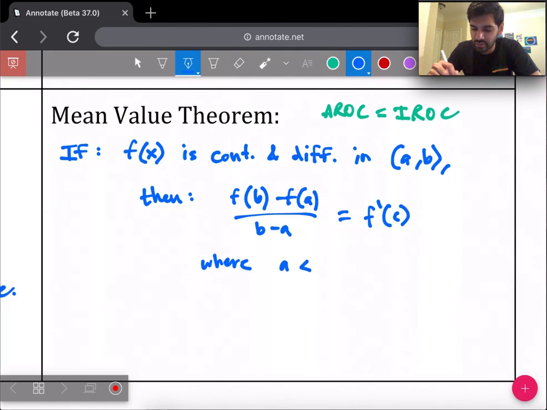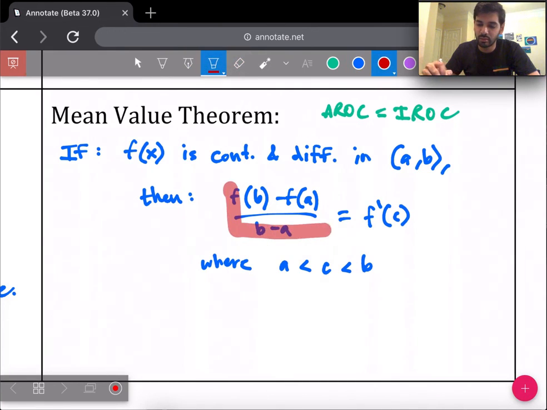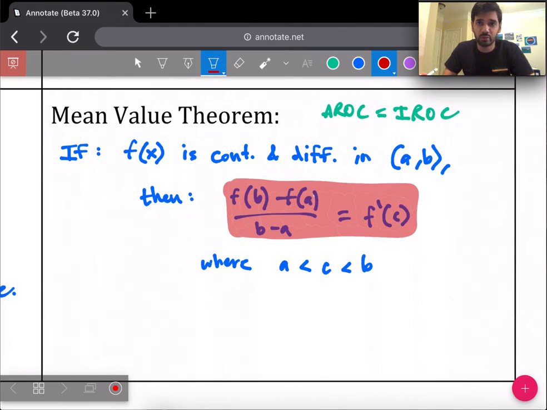So I'll put a is less than c is less than b. So the essential guy right here is this one right here. And what most free response problems try to have you do is figure out what is that value c. But I will work some examples in particular, and I'll post them under this section so that you can practice and see what a mean value theorem free response problem is, and how you would approach that type of problem.